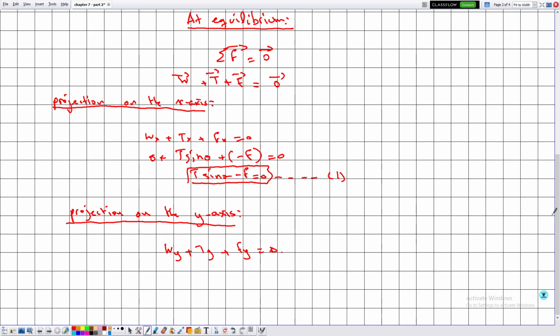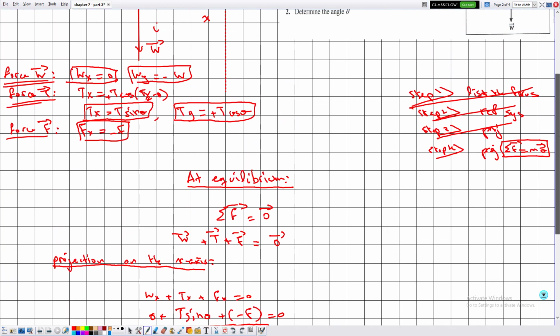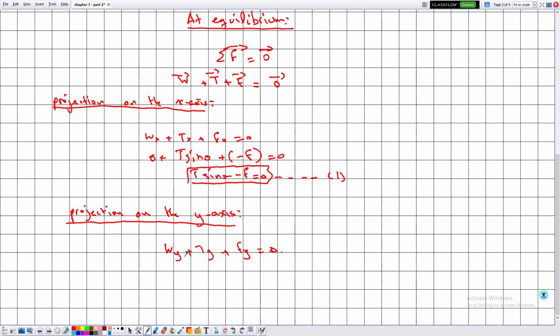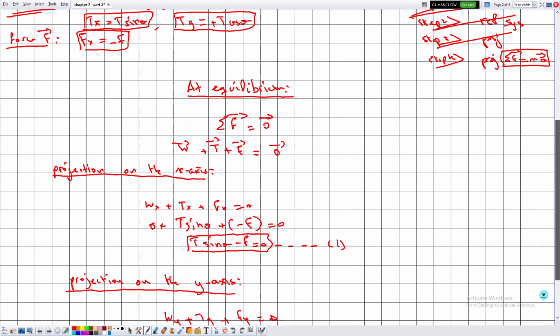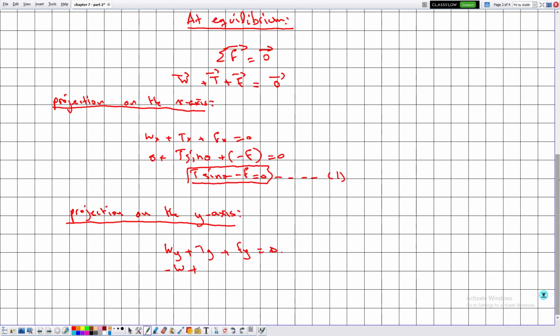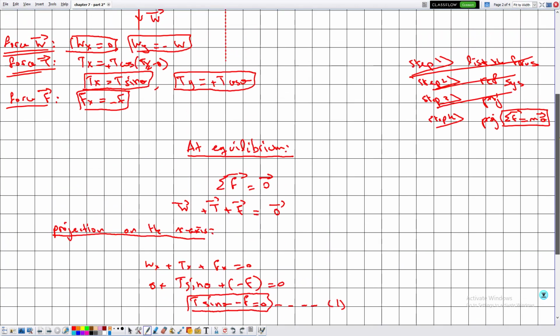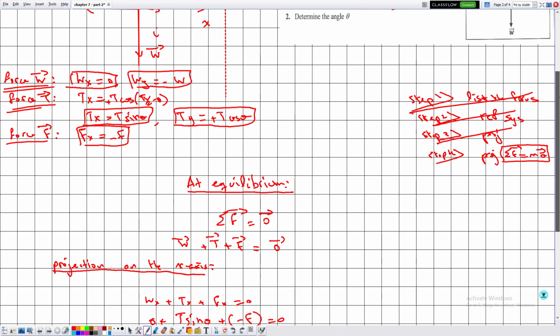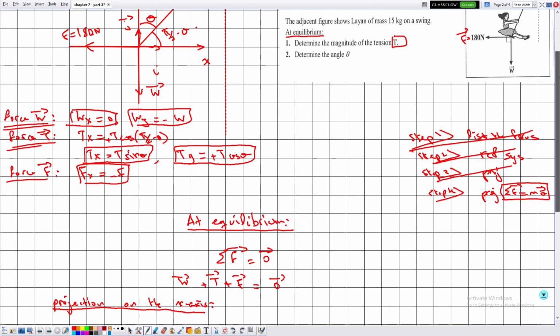The value of Wy is given by minus W, plus the value of Ty is given by T cosine theta, and the value of Fy is given by 0.